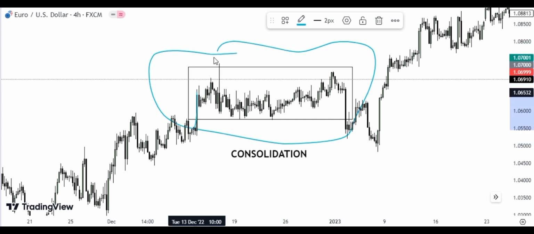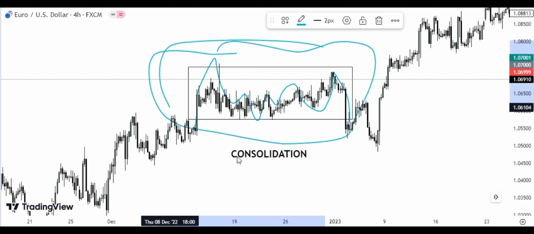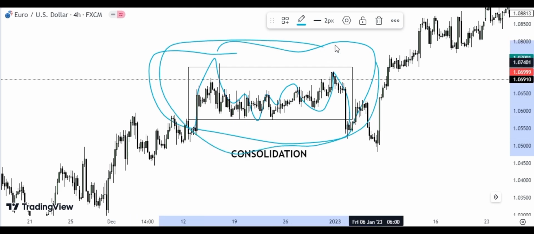Price started creating a series of highs and lows without any specific movement. You can't call this an uptrend and you can't call it a downtrend, because it's not creating higher highs and higher lows, and it's not creating lower lows and lower highs. So that is when you can call this price action a consolidating market.